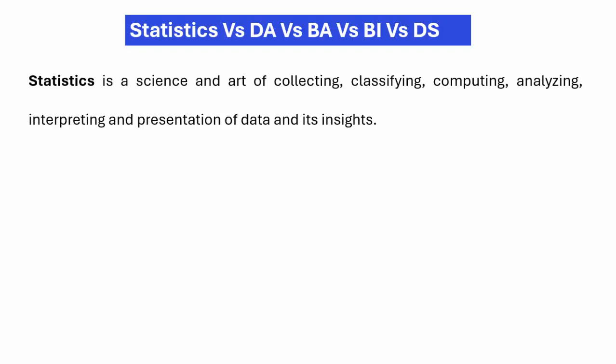We classify the data, and then we compute the statistics. Whatever statistics we require, we compute through the mean, mode, median, standard deviation, mean absolute deviation, and correlation analysis. Through computation, we get results in text or number format. Then comes analyzing, which is the thought process.